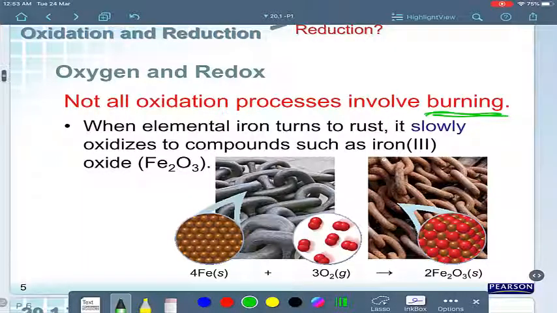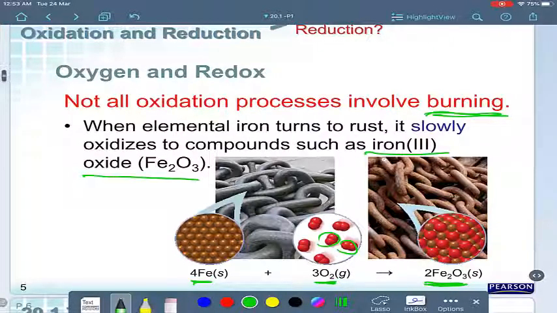Like this reaction, if you have iron that reacts with oxygen molecules very slowly and becomes iron(III) oxide. Iron(III) oxide is the compound of rust. But look, it reacts with oxygen. It's not burning, but we call it oxidation.